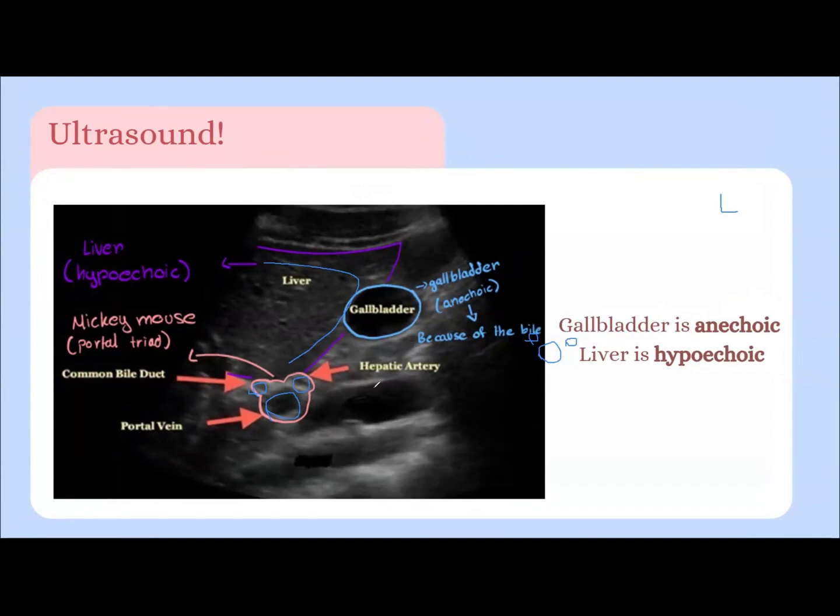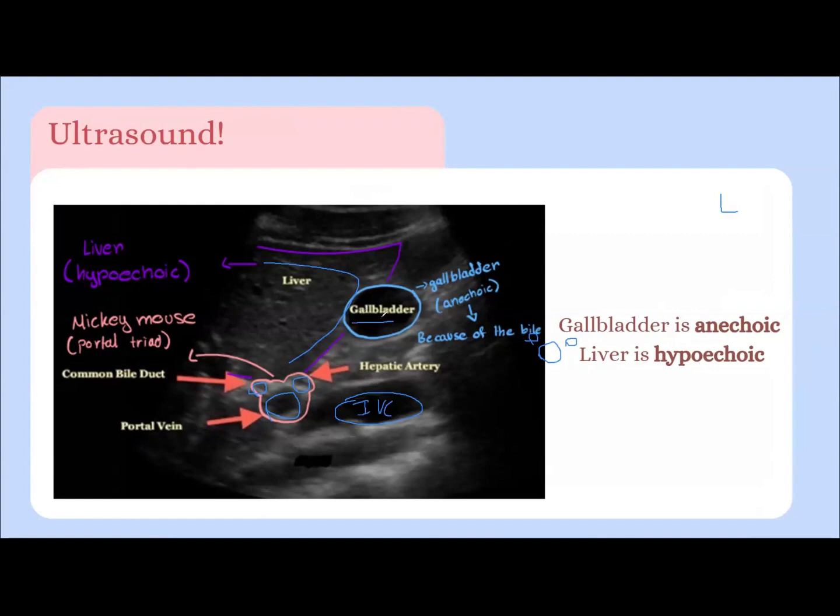Then you have the gallbladder, and you have this structure right here. They both appear black, which is called anechoic, and they both appear kind of the same. This is the gallbladder, and this is the IVC. In the exam, 99% of the time, they literally say this every single year, they will ask you about the gallbladder, okay?